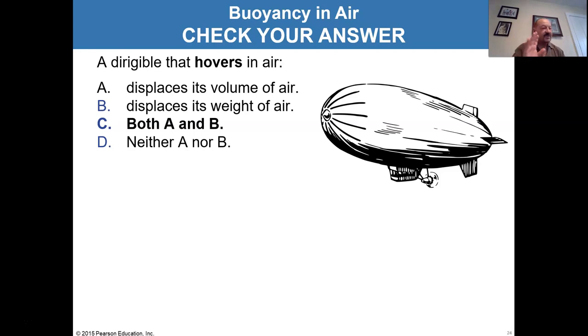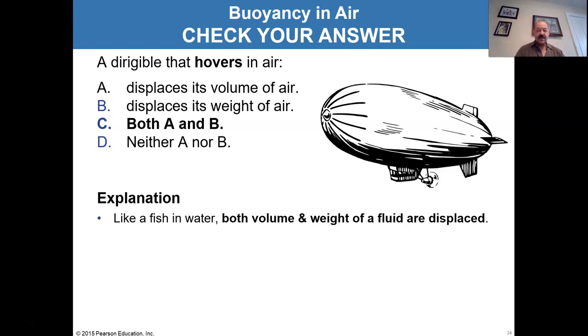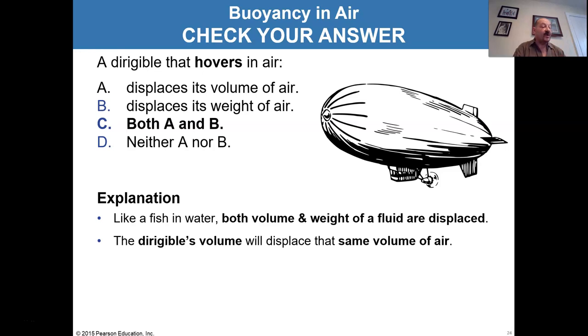In case of water, it's not necessarily true. In the case of air, it is, just because an object is always submerged, quote unquote, in this ocean of air. So like a fish that never comes above the water, just stays within the water, both its volume and its weight of the fluid of the water are displaced.